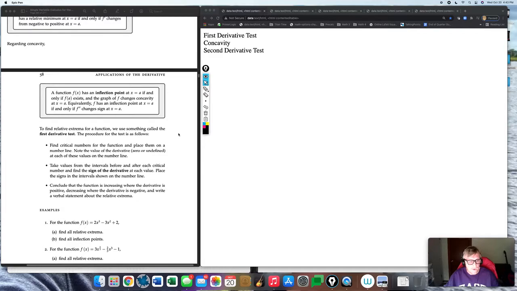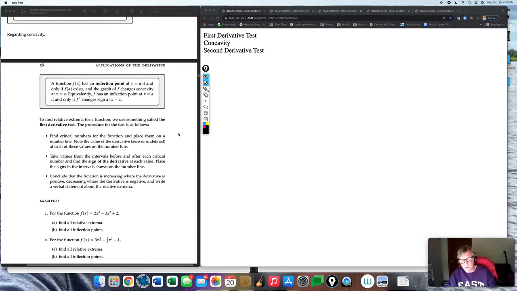Okay, so I've got a couple of examples here noted on this textbook, so let's try this again. So again, f of x was 2x cubed minus 3x squared plus 2.